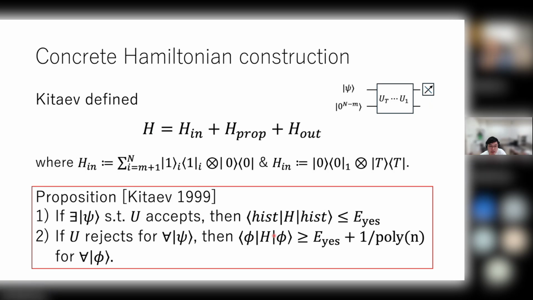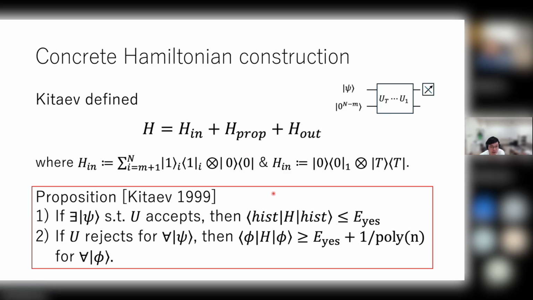And this is the local Hamiltonian problem Kitaev considered, where the Hamiltonian is the sum of H in, the propagation term, and H out. H in gives some energy penalty for an invalid initial state. H out gives some energy penalty for an invalid output state, so a rejecting output state.